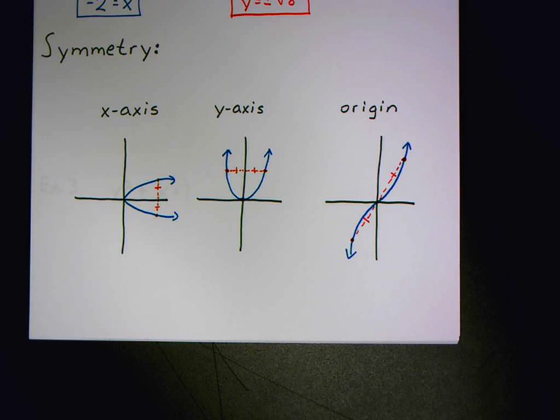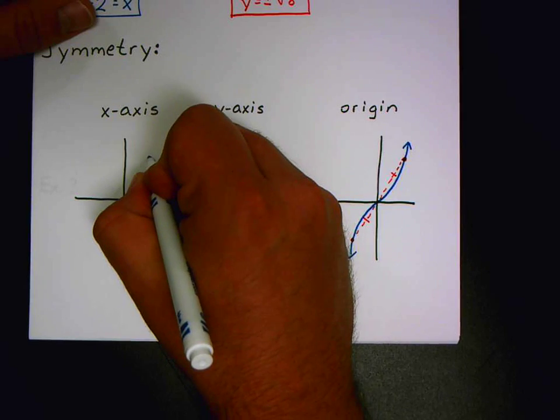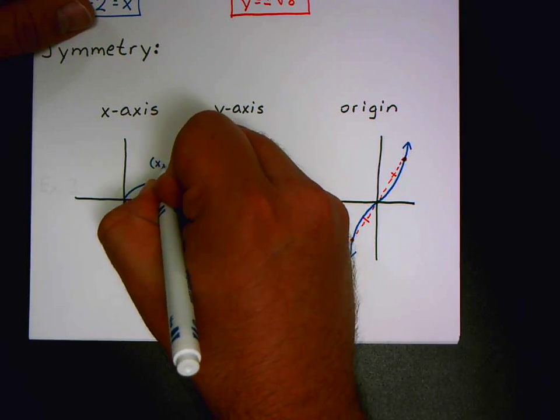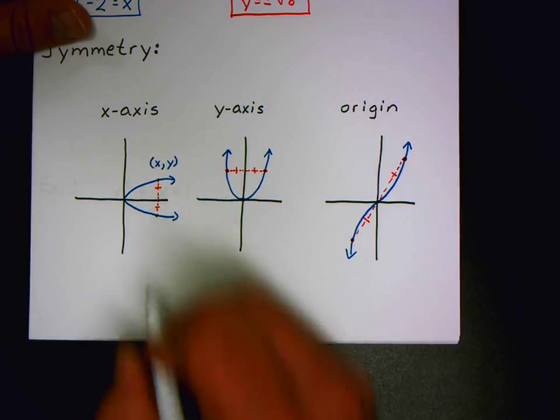Okay, now, algebraically, what I'm going to do is I'm going to show you what this does with the ordered pairs, and then we use that to get it algebraically. So, as far as the ordered pairs go, here, if I have this ordered pair, which one of those two variables is the same?